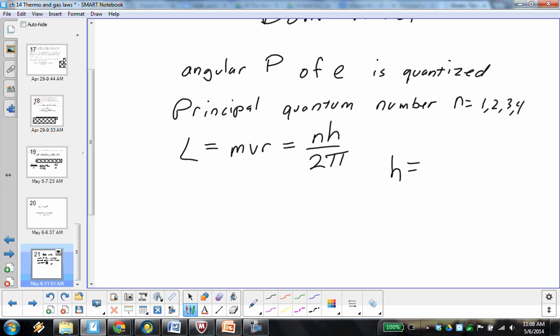H, Planck's constant. Let me write that out. Planck's constant is equal to 6.63 times 10 to the negative 34 joules times seconds. And if I'm not mistaken, it has other units to it as well.